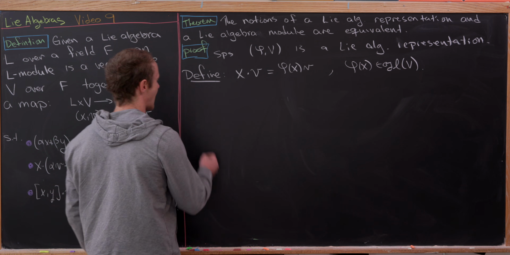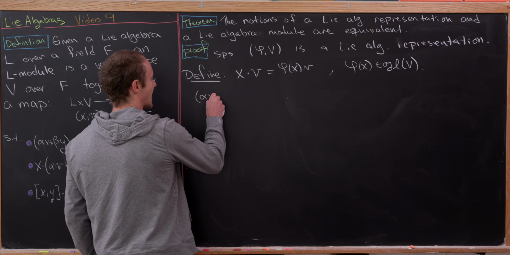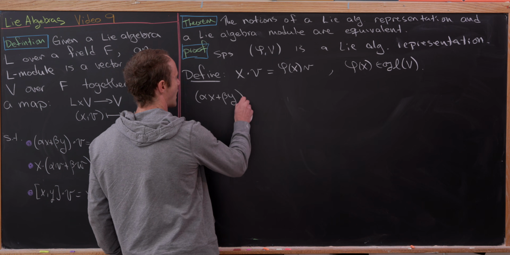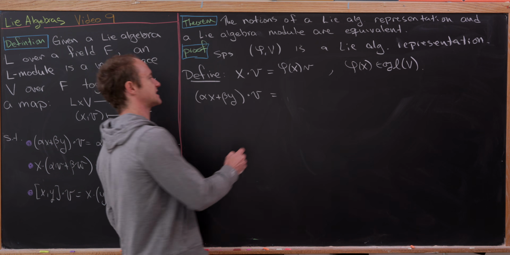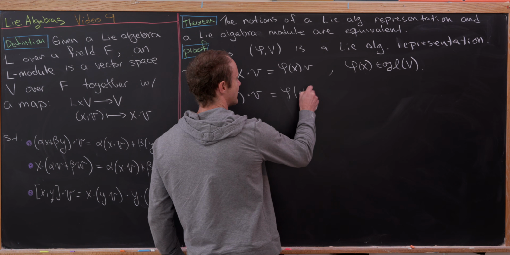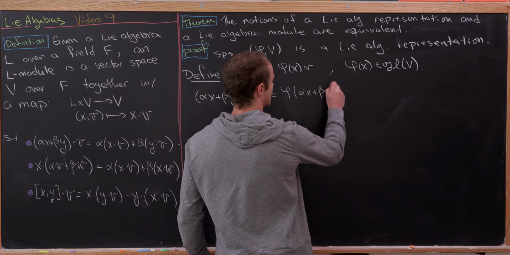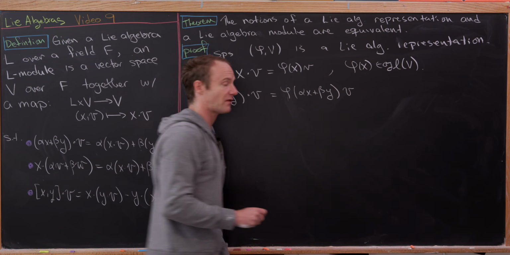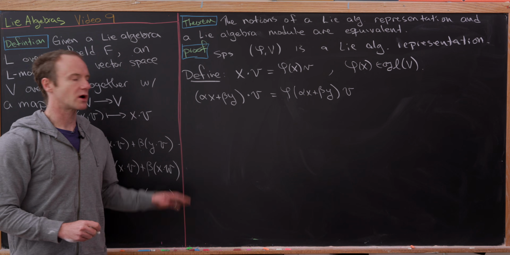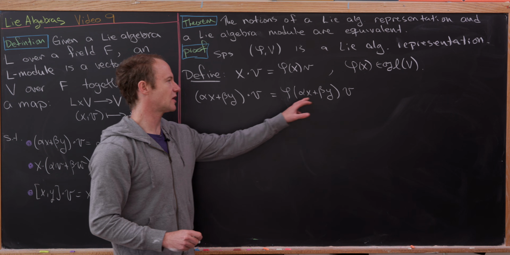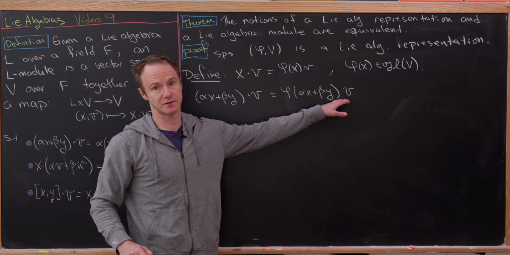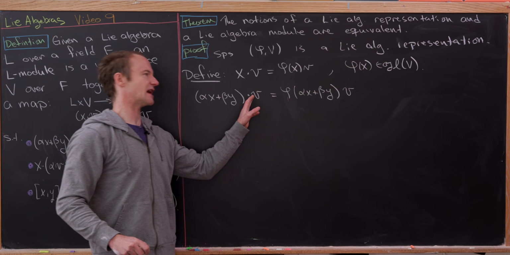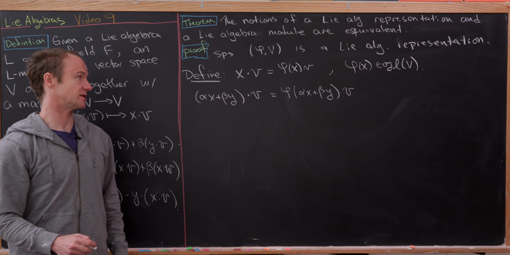So let's look at that. We'll have alpha x plus beta y acting on v. So that's going to be equal to phi of alpha x plus beta y, applied to v. We're careful to note that here we don't have a dot. That's because this is application of a linear transformation, whereas this is our abstracted action.